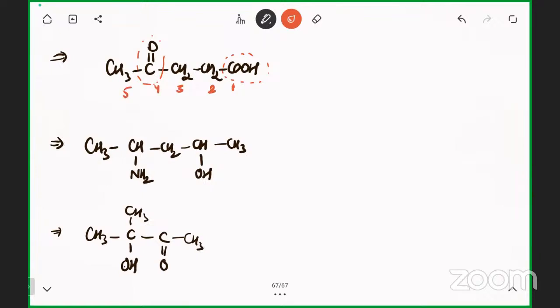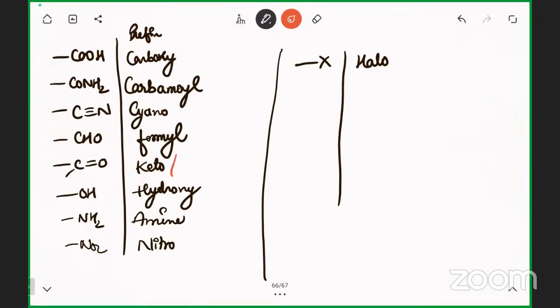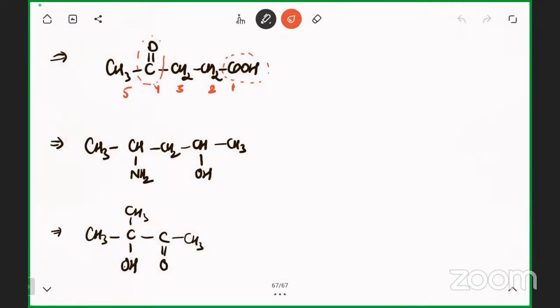Now tell me the name. 4-keto-pentanoic acid, sir. I told you keto here, but basically we use oxo, not keto. So 4-oxo. For the rest, 5 carbons are there and a COOH group, so pentanoic acid. Okay, next one.